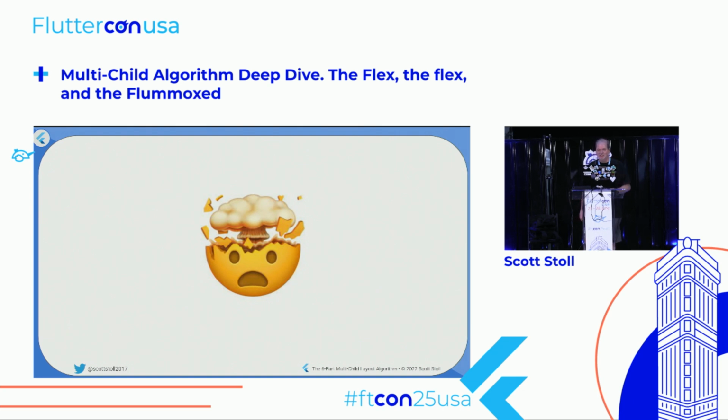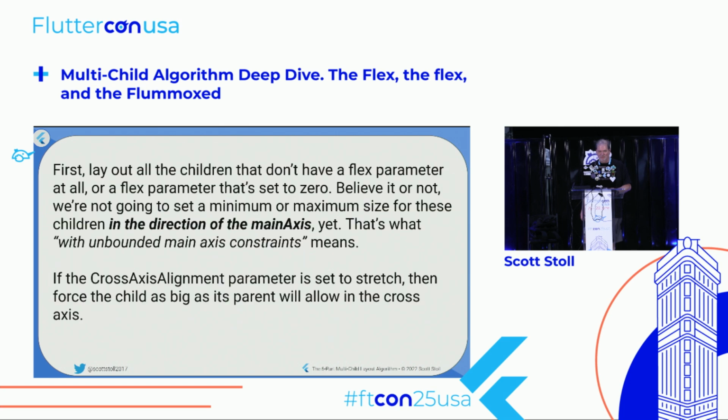So let's translate this into something we can understand. First, we're going to lay out the children that have set sizes, which means they have no flex. Then, we're not setting the main axis sizes just yet. Now, this is what unbounded constraints means.